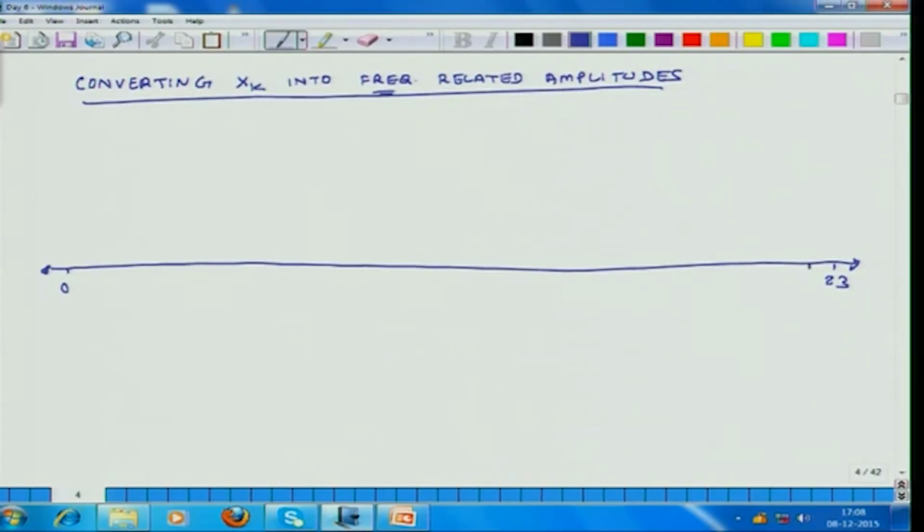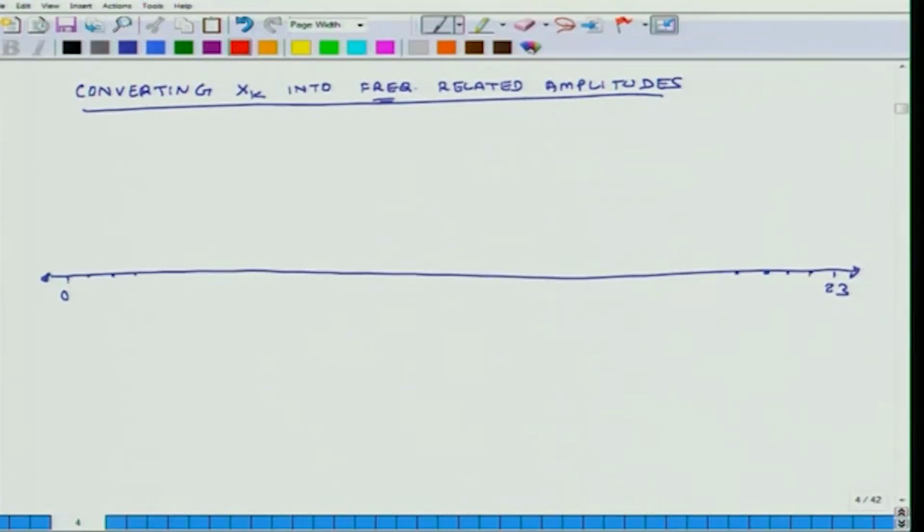So that's 22, 21, 20, 19, and here it is 1, 2, 3, and so on and so forth. What we saw was that at k is equal to 0, the value was 0.